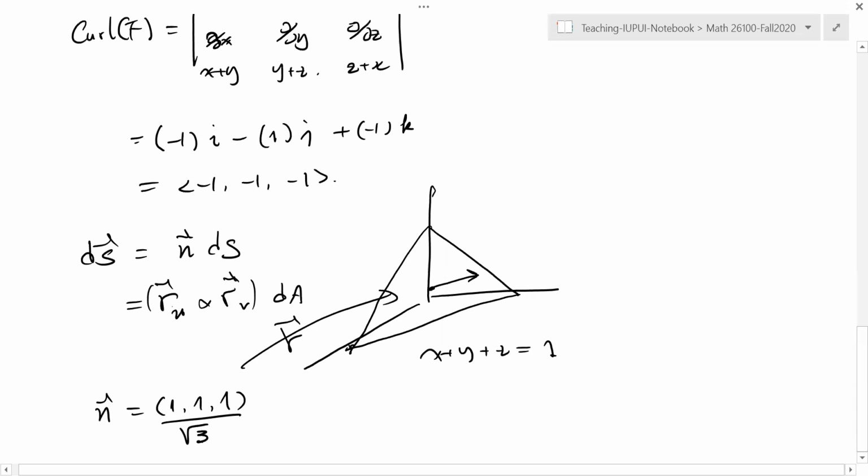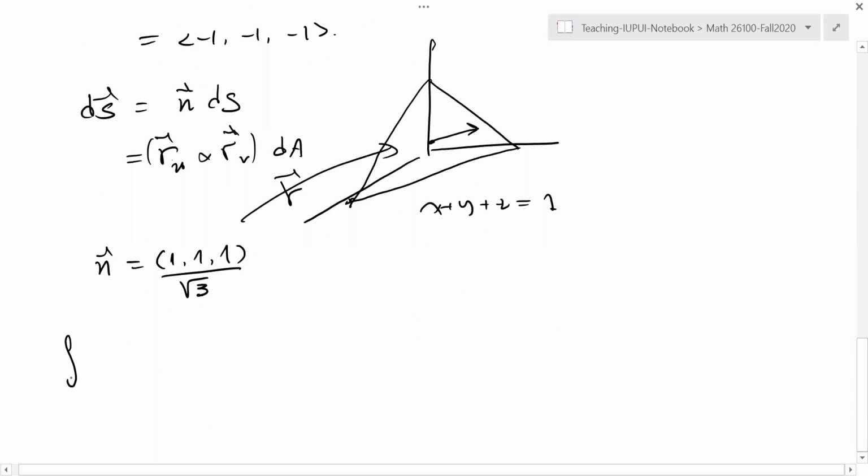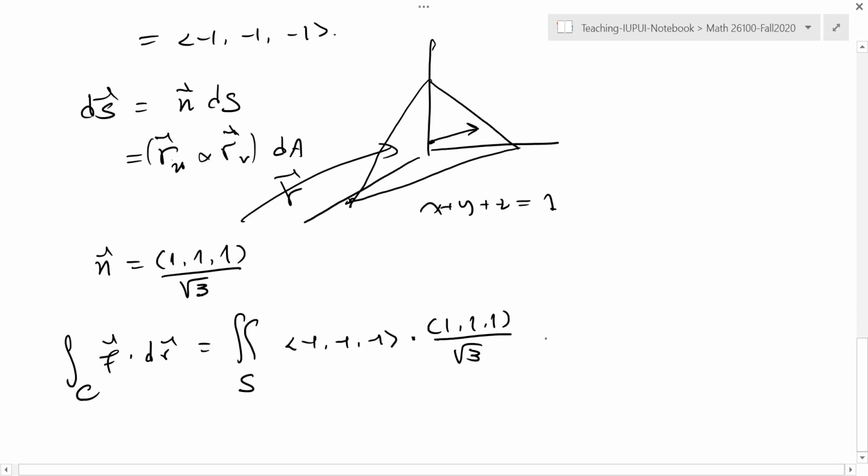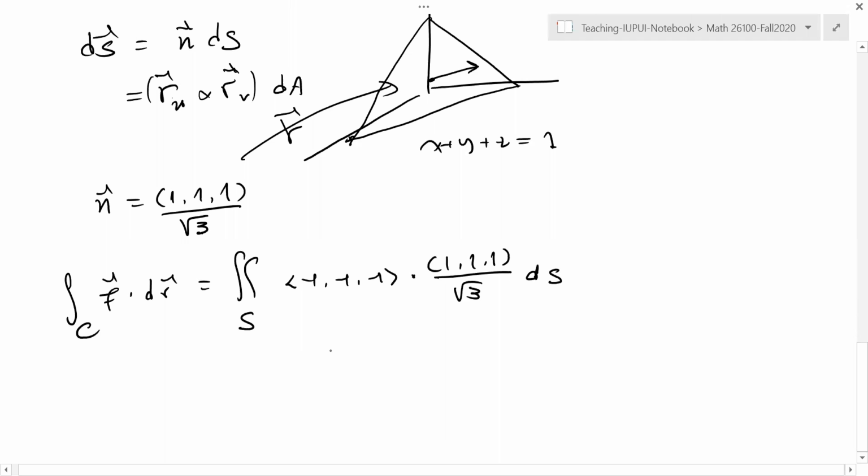Therefore, this line integral is a double integral over the surface, and this is going to be (-1, -1, -1) dotted with (1, 1, 1) over square root of 3, times dS. dS is the area surface element, so it's constant.